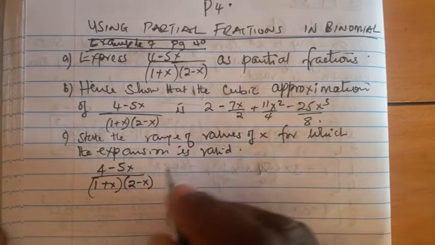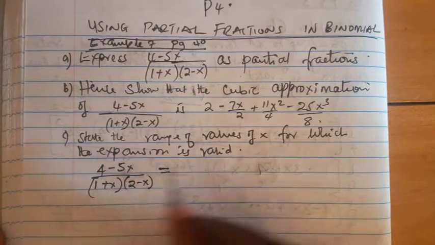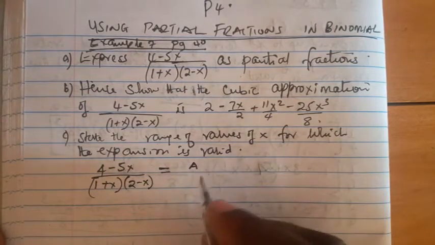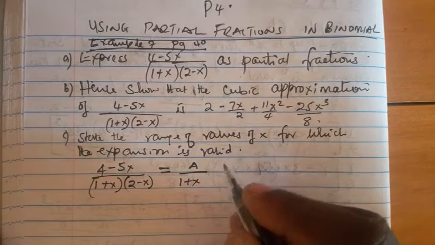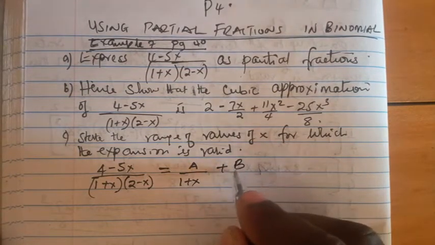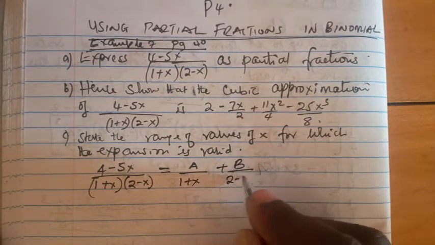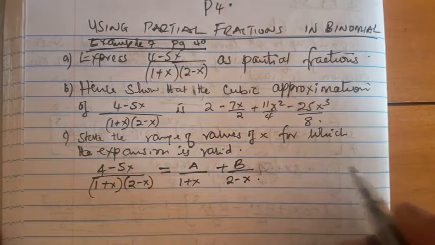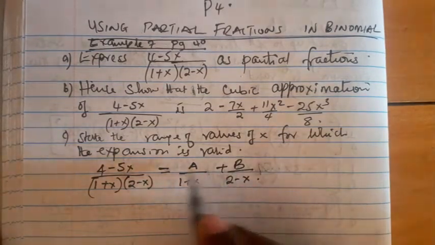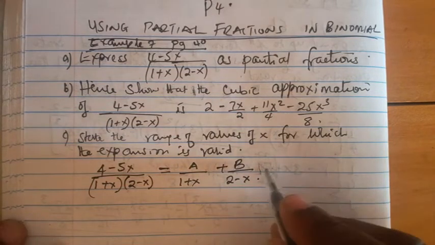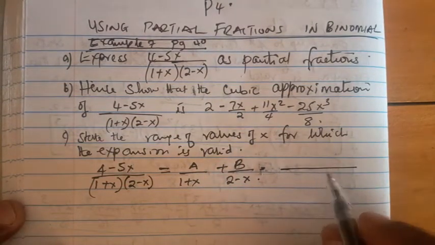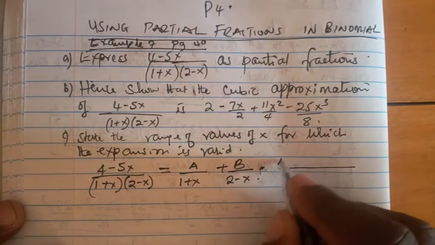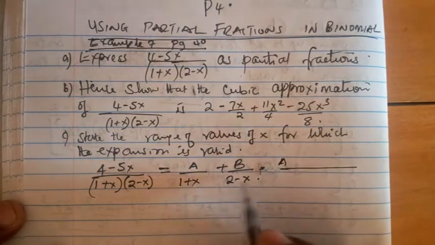And one thing that you know, of course, we should assume an unknown constant A over 1 plus x, plus another unknown constant B over 2 minus x. And we solve the right hand side using the LCM method; the LCM is the product of these.